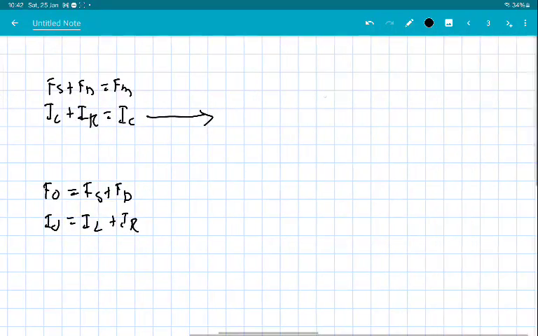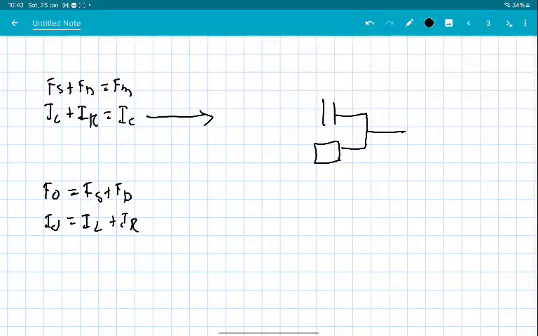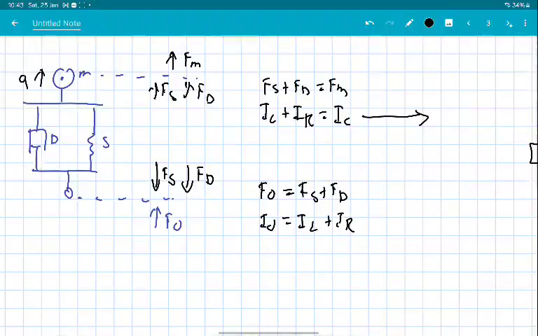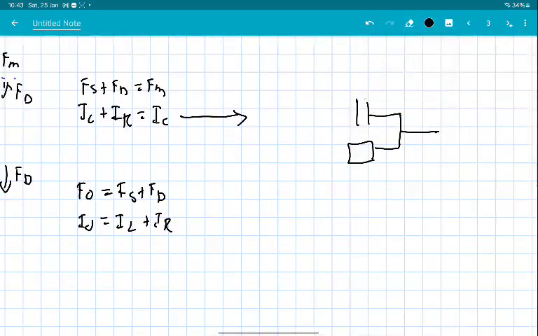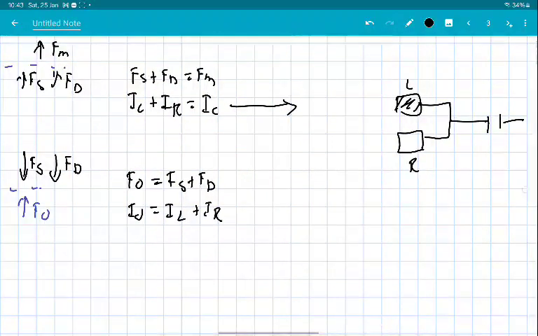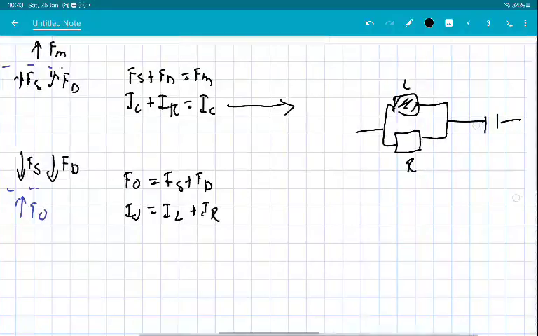So if we draw from here, we know we have a capacitor combined with a resistor, like that. Resistor, and then it goes out to this is IL, so this is an inductor, and then a resistor, and then here it goes to a capacitor. And we know that our IL plus IR equals I0.